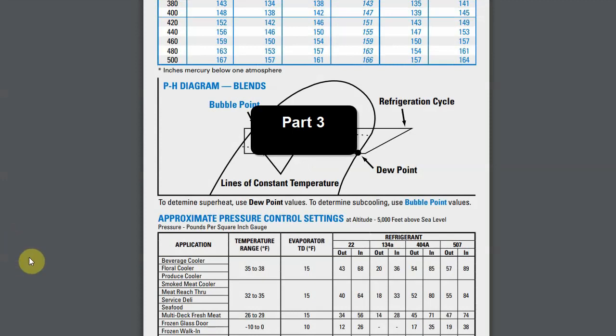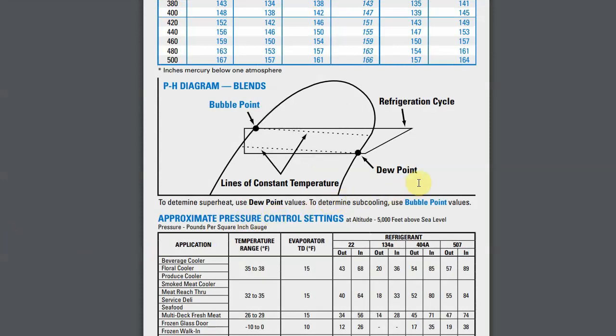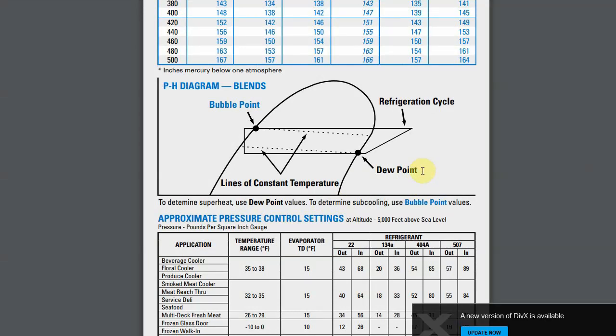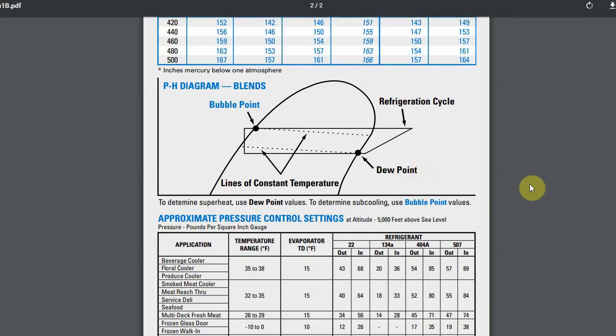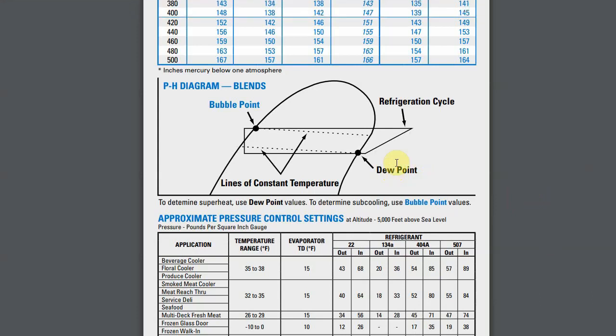Now let's say you're wondering why dew point is a low pressure and bubble point is a high pressure. If you were in this business pre-1992, we did not refer to dew point or bubble point. We referred to condensing temperature and boiling point. That was always the range that we used.